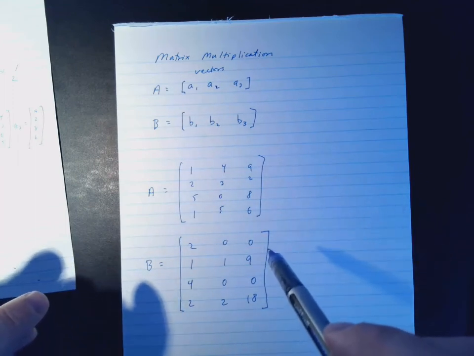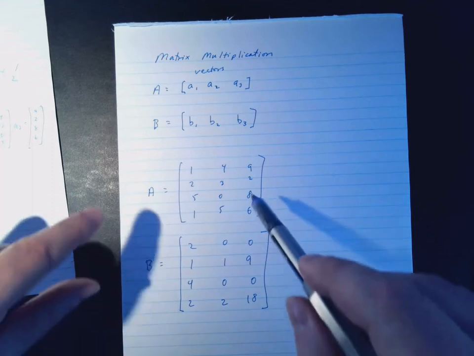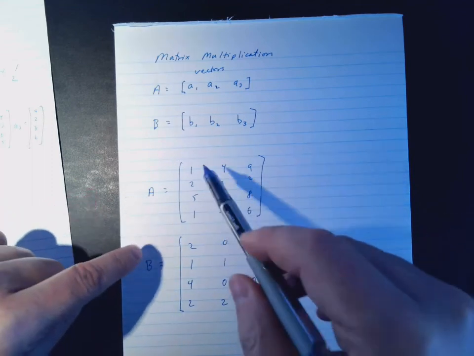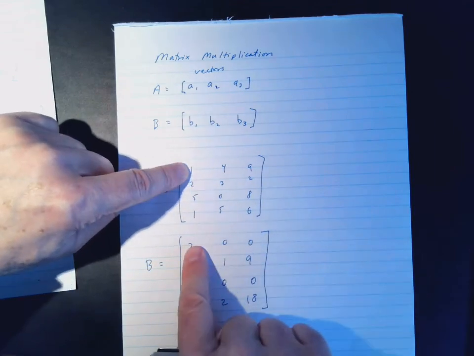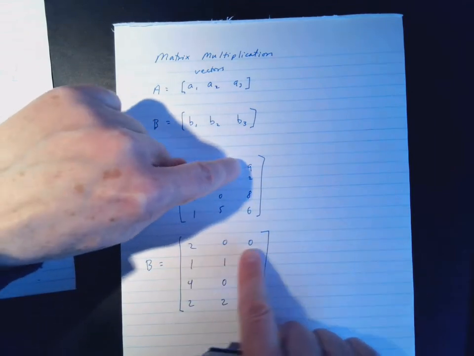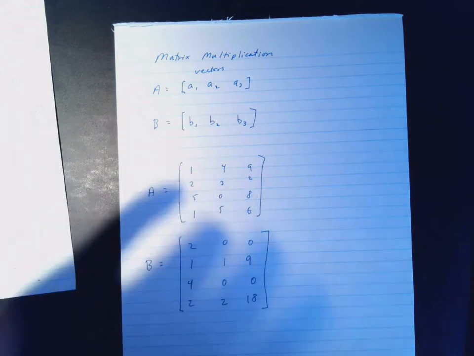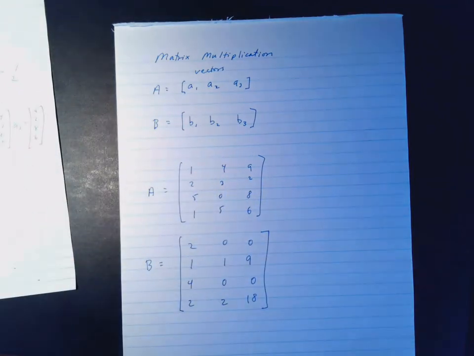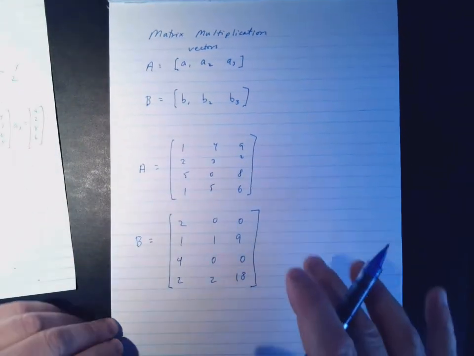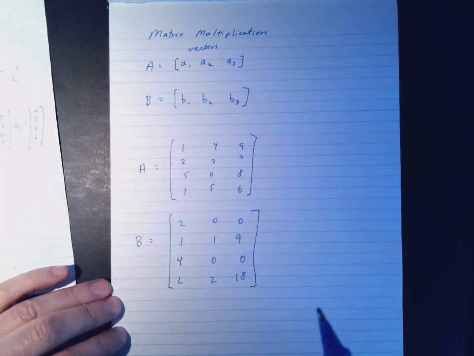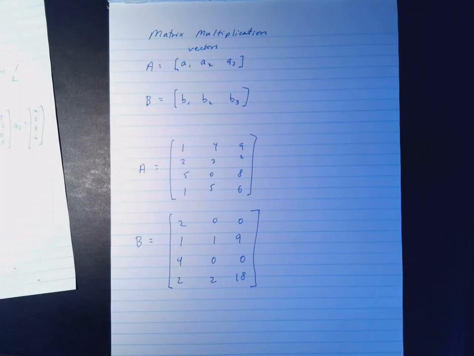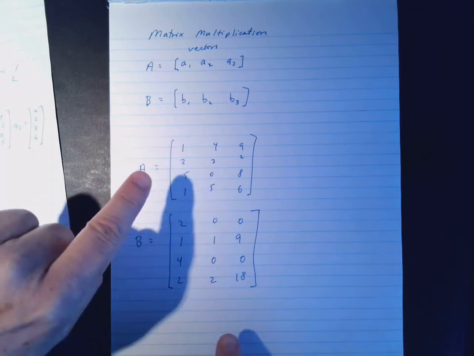If you're going to multiply A times B, it would make sense to just think, okay, well then we go 1 times 2, 4 times 0, 9 times 0, 2 times 1. You can do that. That is an operation, element by element multiplication. But it's not the standard operation for multiplying matrices together. When we multiply matrices together, what we want to end up with is a set of dot products.